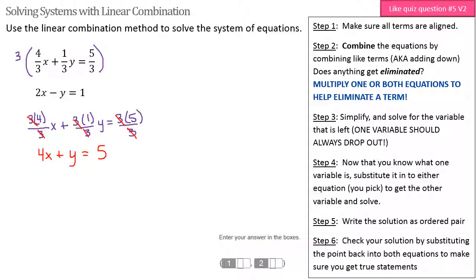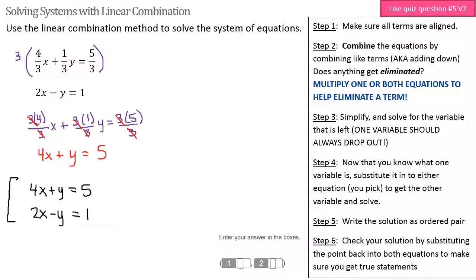Now our two equations are 4x plus y is equal to 5, and 2x minus y is equal to 1. Looking at this, if we add straight down, does any of the variables eliminate?